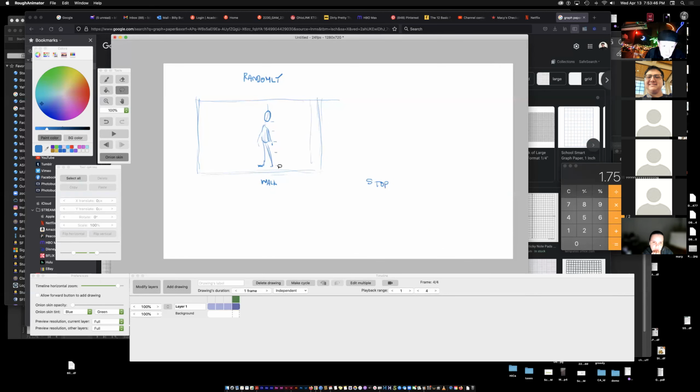So let's pull this out. So that's our stop pose. And if they're going to walk, you want the same ratio of the character. And we're going to be in the side view here.